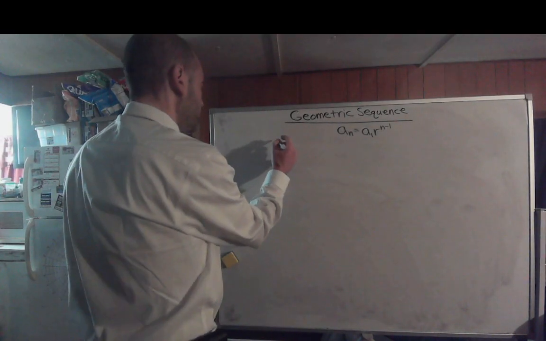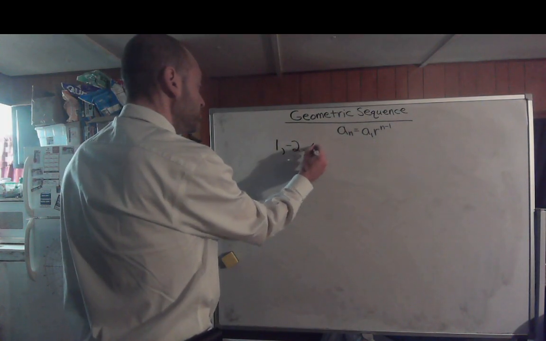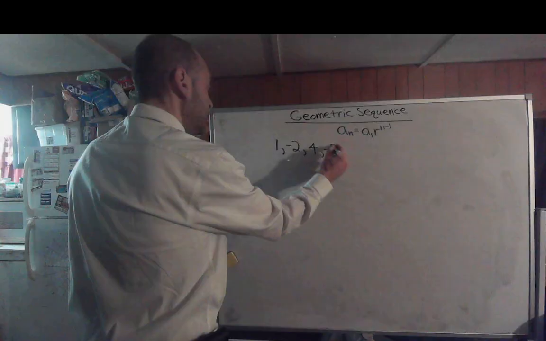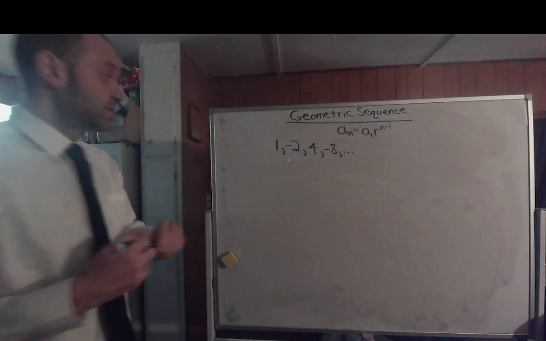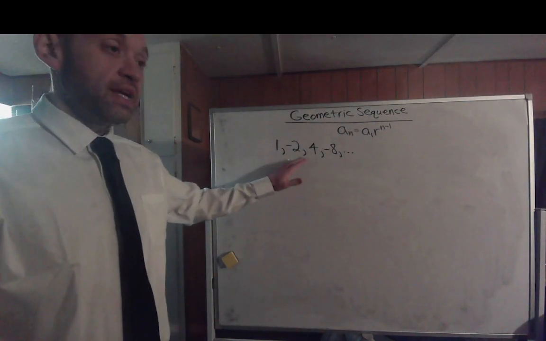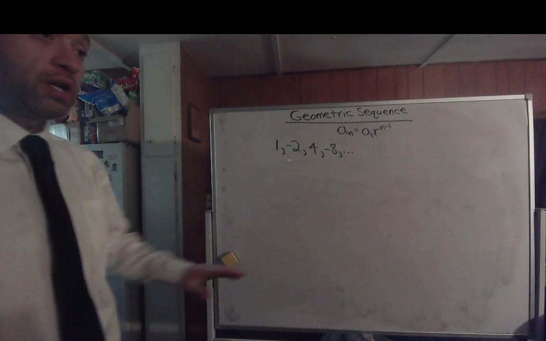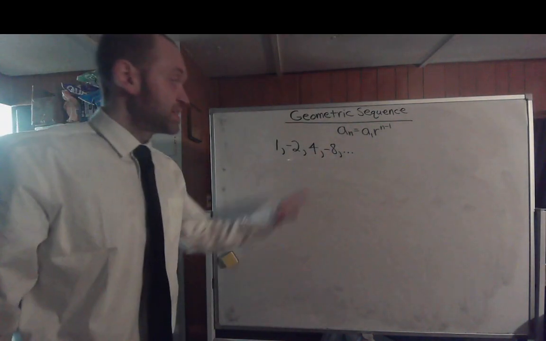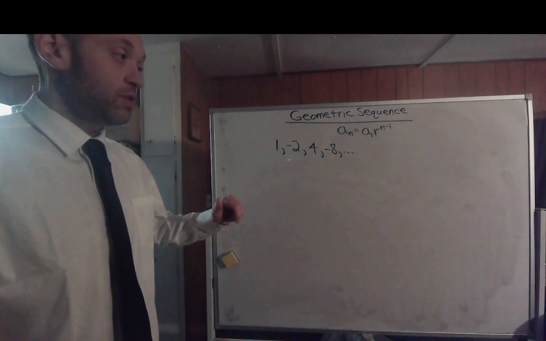Now, this is a good one. So you have 1, -2, +4, -8, and it just keeps on going and going. This is definitely an alternating sequence, but is it geometric also?